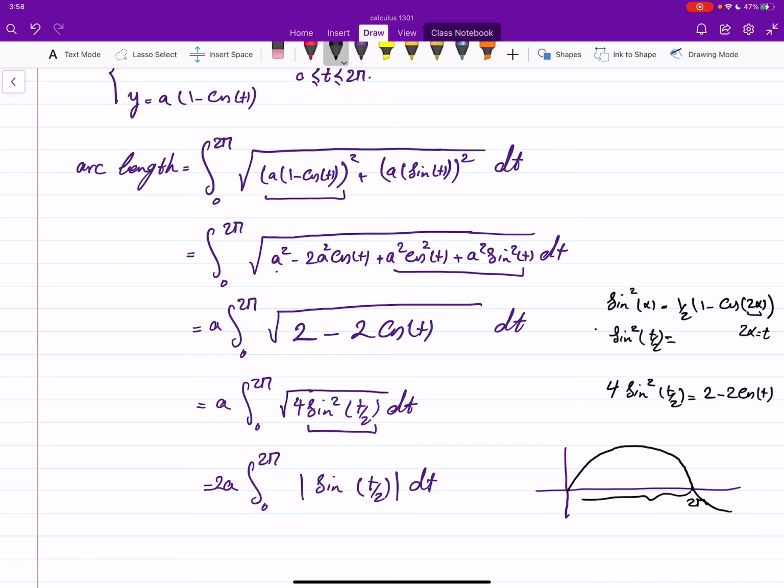So on this interval, sine of t over 2 is positive, so I don't need to be worried about the absolute value, and the whole thing on that interval is just sine t over 2 itself. The integral of sine of t over 2 is negative 2 cosine of t over 2, going from 0 to 2 pi.